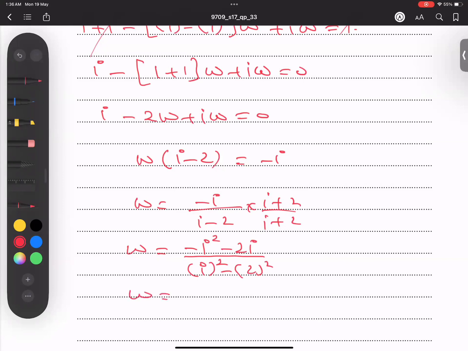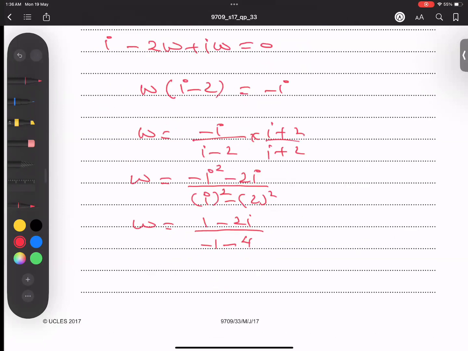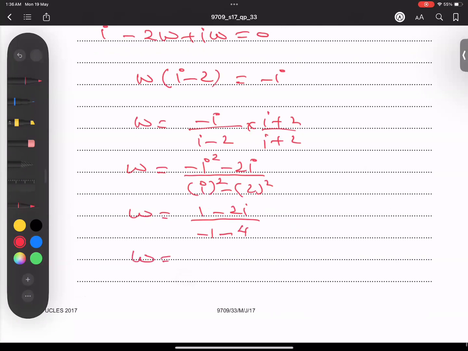And finally, I got this is a -1 and negative plus 1 and 2 iota. And down this I got a -1 and I got -4. And finally, I got here, students, this is becoming -5. So -1 over 5 and plus 2 over 5 iota.